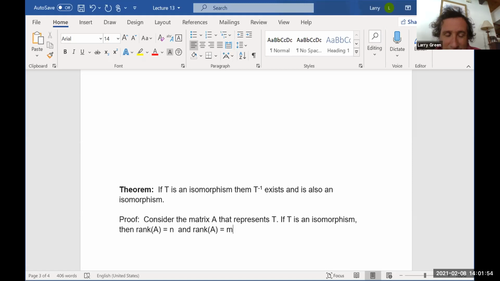I always have to think about whether it's M or N. Onto gives you M and 1-to-1 gives you N. Always takes me a moment to get there.